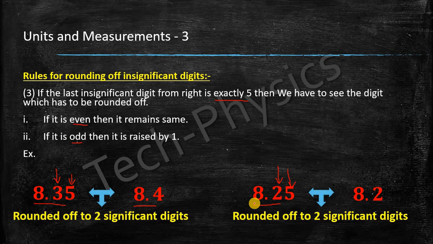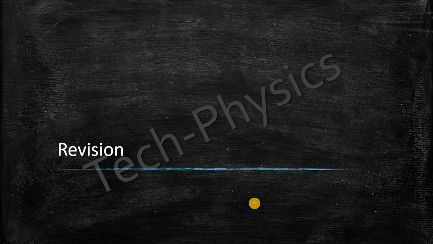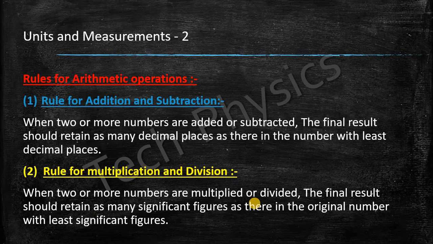And this was all we are going to learn today. Now let us see a small revision of whatever we have done. The first rule we saw for the arithmetic operations: when two or more numbers are added or subtracted, the final result should retain as many decimal places as there are in the number with the least decimal places, from the original numbers.